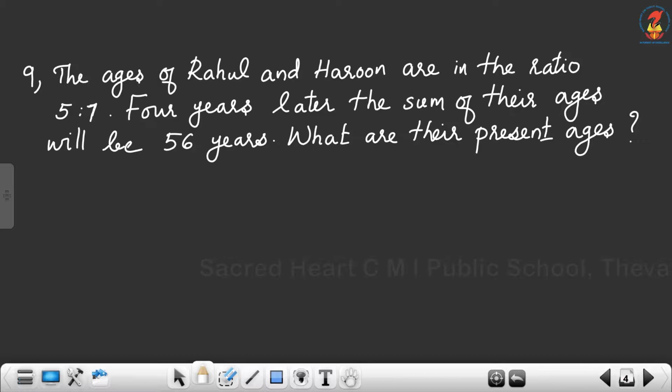Next question. The ages of Rahul and Harun are in the ratio 5:7. 4 years later, the sum of their ages will be 56 years. What are their present ages? The ratio is given, therefore we can assume their present ages.